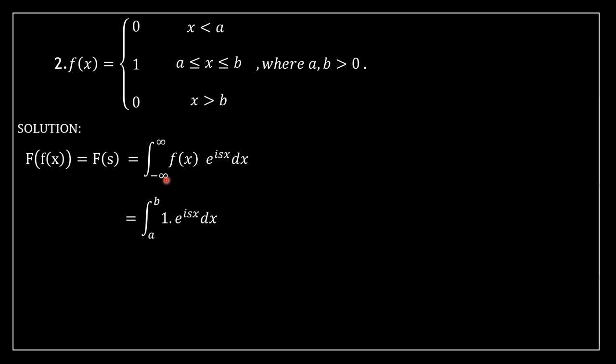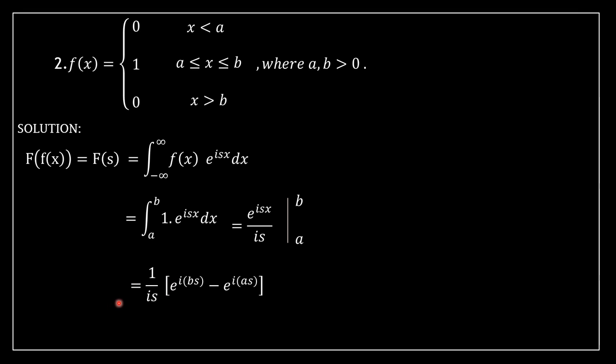So the above integral reduces to the form integration 1 into e to the power isx dx, where the limits of x are from a to b. What is the integration of e to the power isx? It is e to the power isx by is, where x is varying from a to b. Apply the limits.